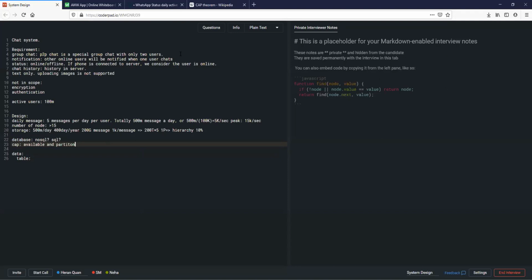In this system, we can optimize that. If it's P2P, we can send the notification to the other person first, and maybe at the same time store the chat history in our database.